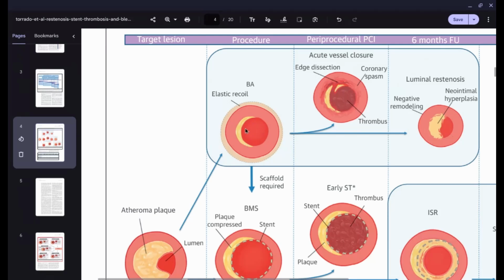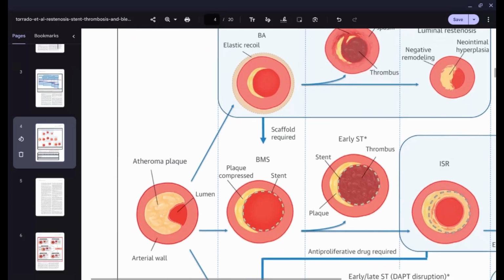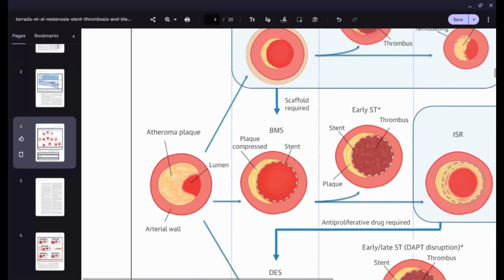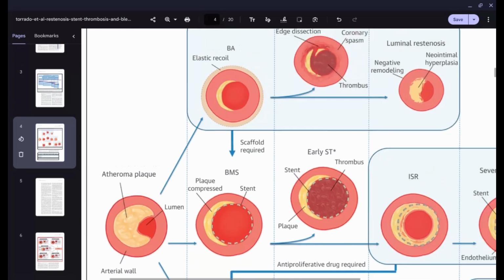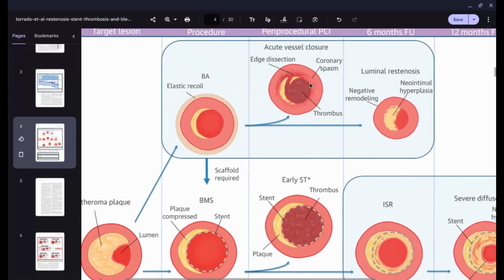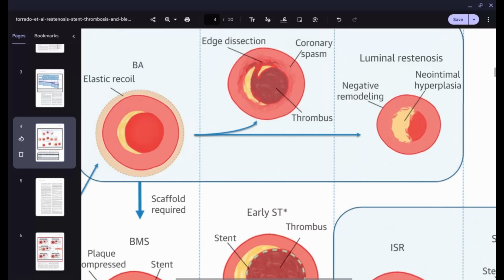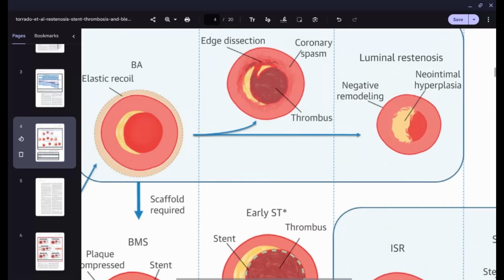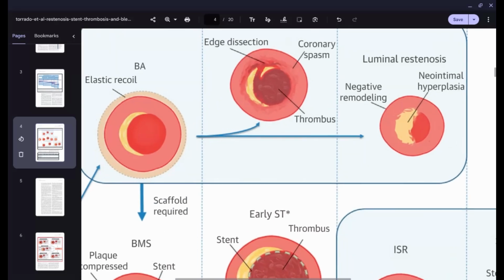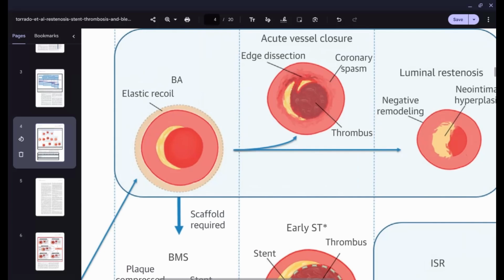The idea is you just put it in and inflate it temporarily. That doesn't work, which is where the idea of leaving a structural support there came, right? So they thought of a stent, a scaffold to hold things in place, to not let restenosis happen, and also to give some support to the plaque over there.